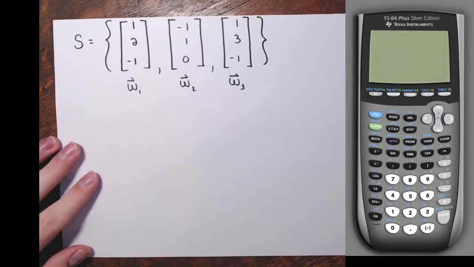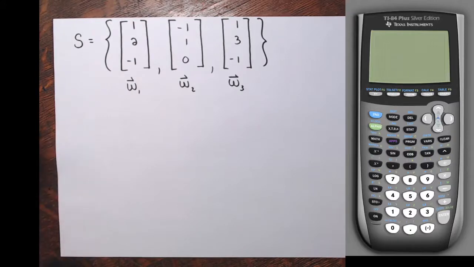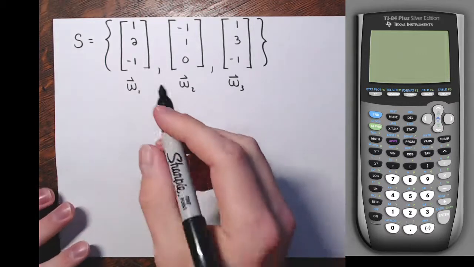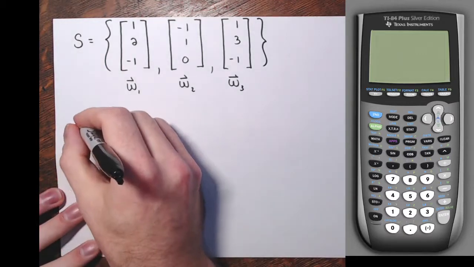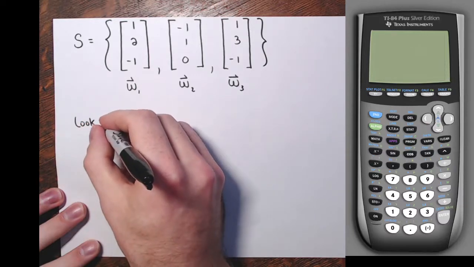All right, so we're given this set of 3 vectors, again from R3, right, 3 components. And again we're asked, are these particular vectors linearly independent or linearly dependent? All right. So to answer that question, again, you are looking at this equation.